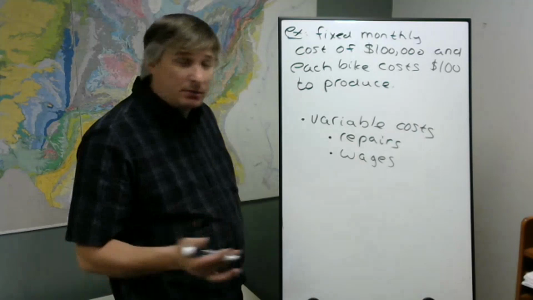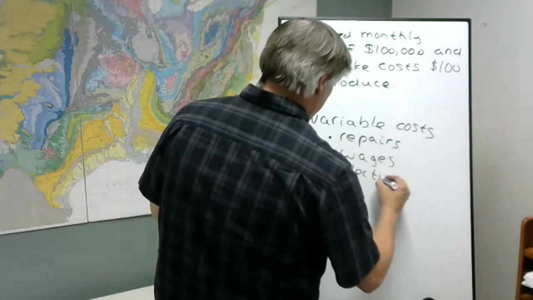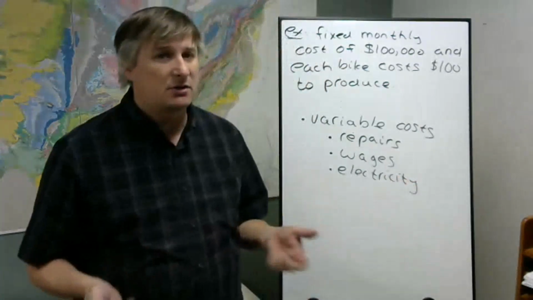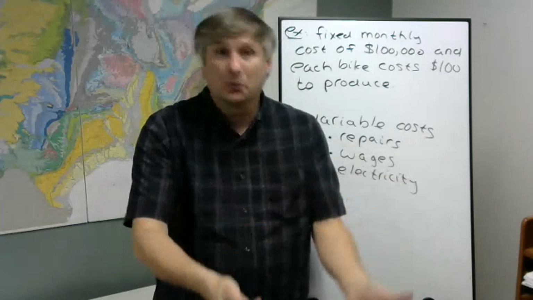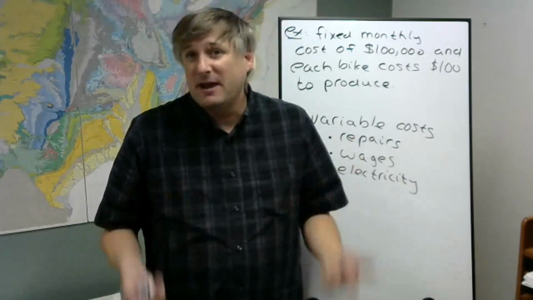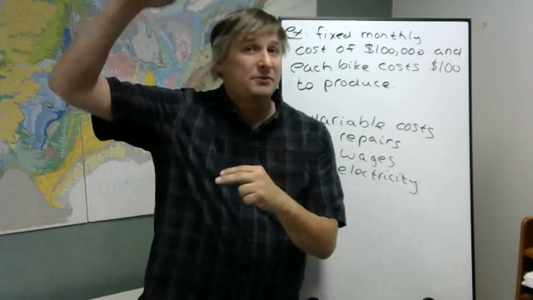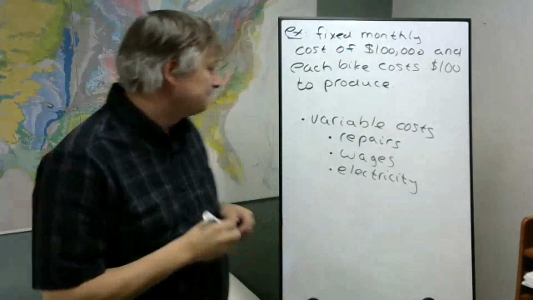Let's see, possibly electricity. I mean, electricity could be a fixed cost if you're going to be switching on the lights all the time, people do that, for example, to keep intruders away. But if you're only switching the electricity on to manufacture your bikes, or the electricity is going to increase as you're manufacturing your bikes, that could become a variable cost.